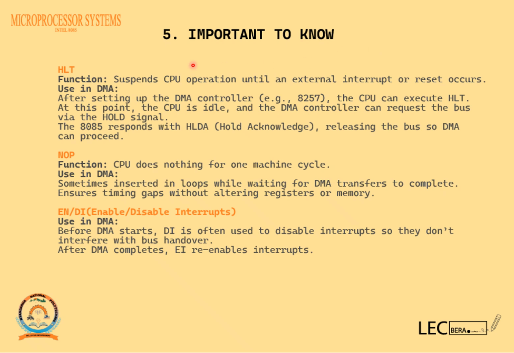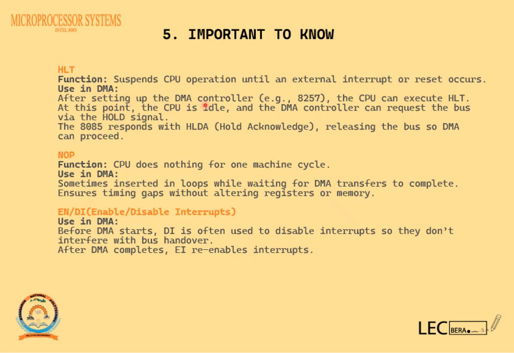Immediately after the microprocessor has received the hold signal from the DMA controller, it needs to suspend what it's doing currently, and to do that it has to execute the HALT instruction.